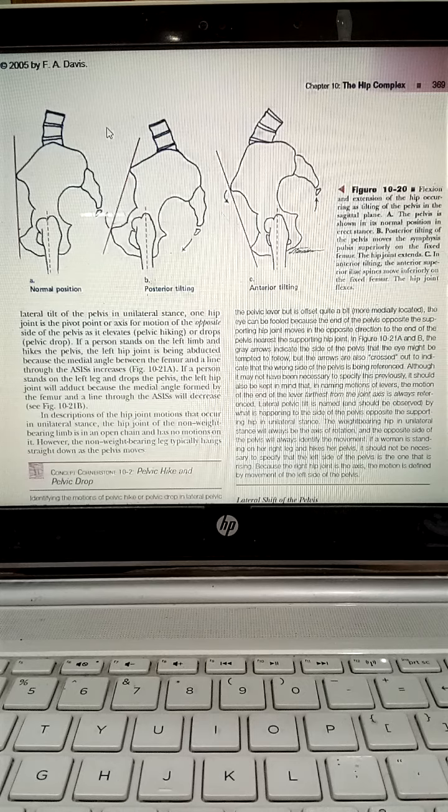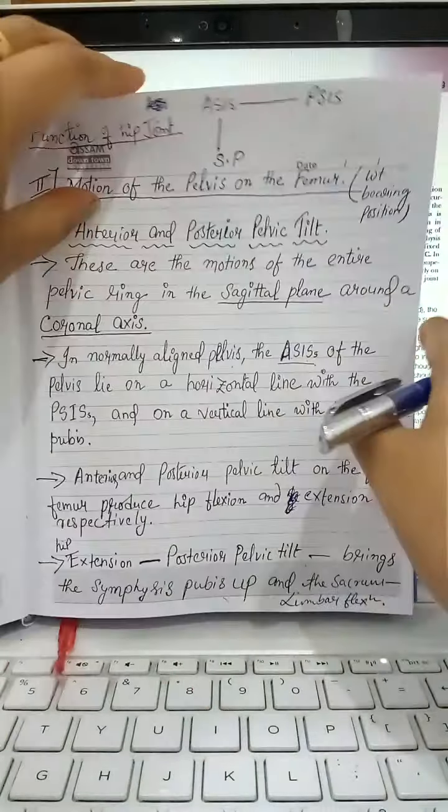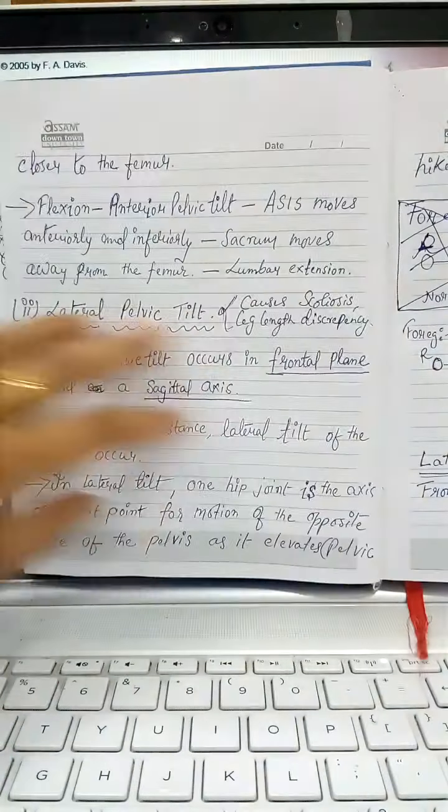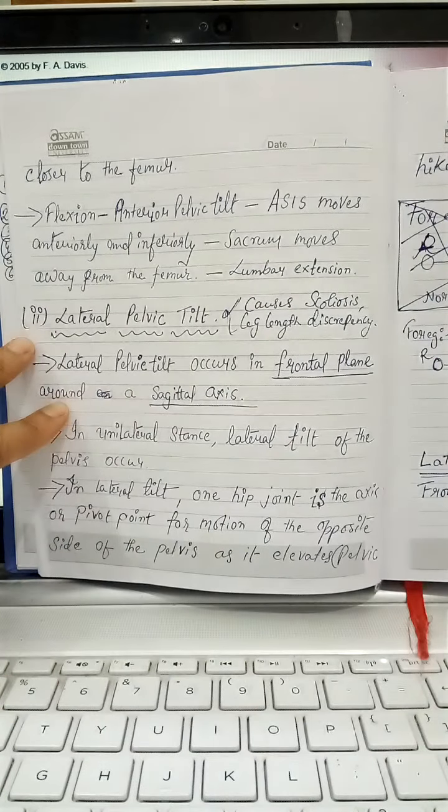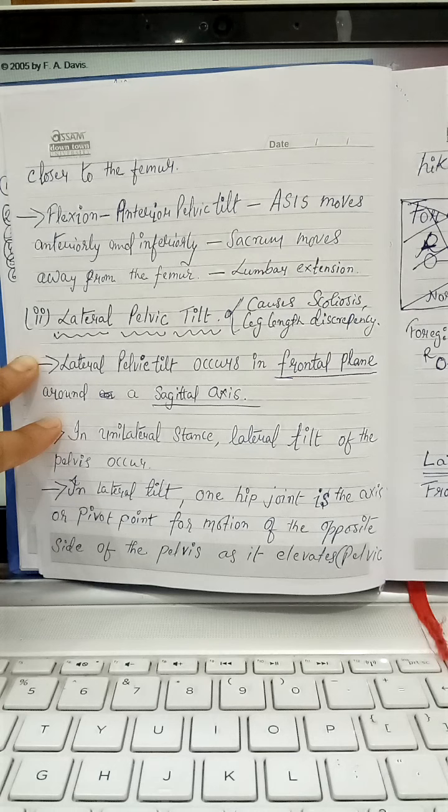Now the next movement is lateral pelvic tilt. Lateral pelvic tilt always occurs in the frontal plane. If it occurs in the frontal plane, then the axis will be the anteroposterior axis, or you can say sagittal axis.